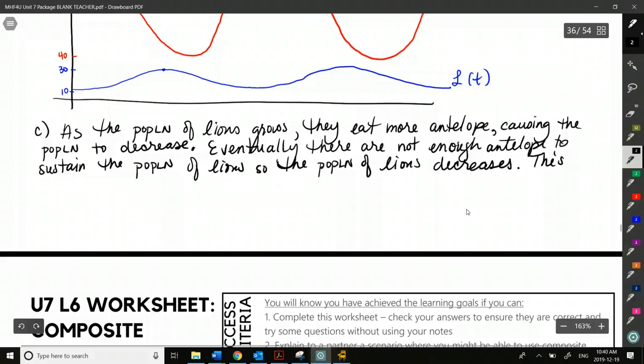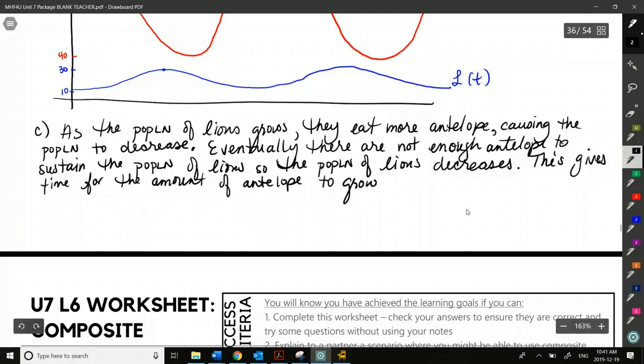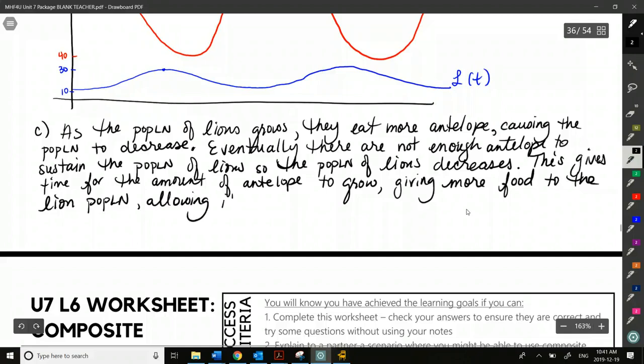This gives time for the population of antelopes to regenerate, or for more antelope to survive, giving more food to the lion population, allowing it to eventually grow, and the cycle repeats.